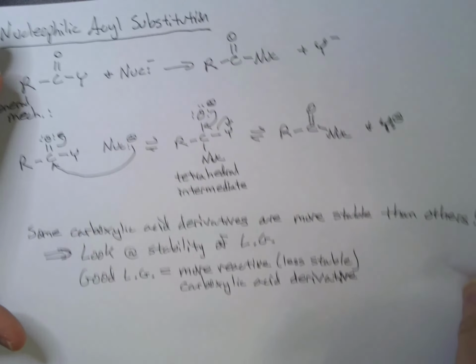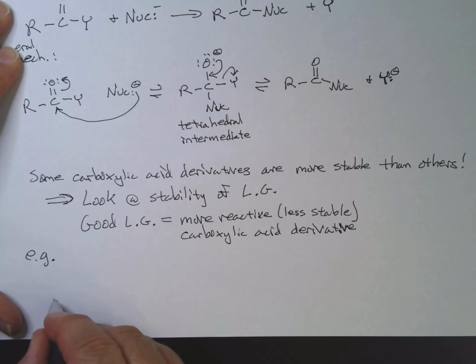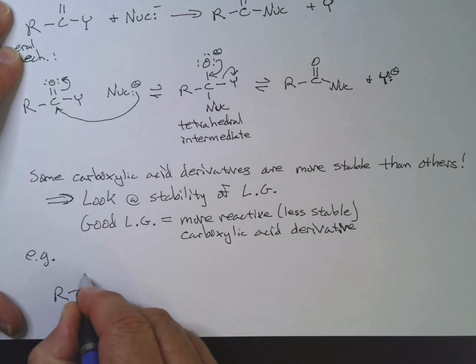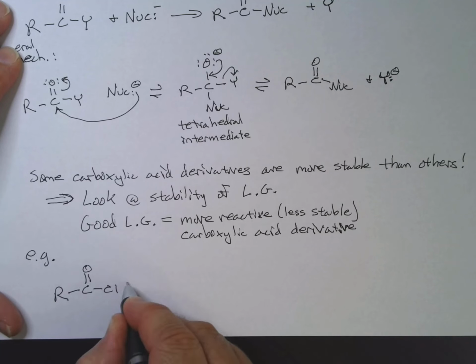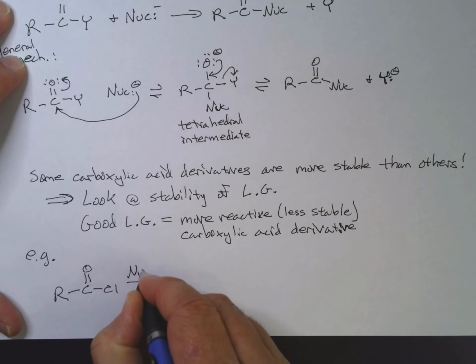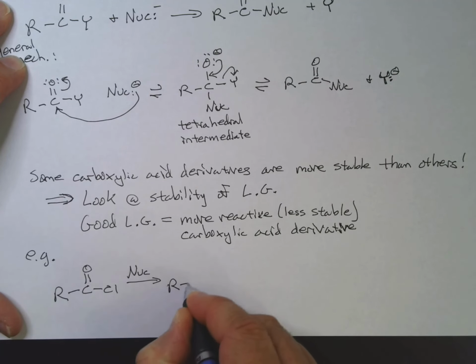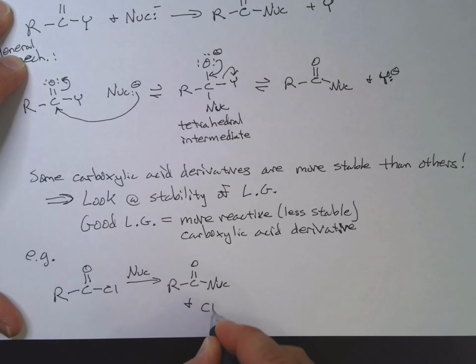So for example, if we took a look at an acid chloride, and let's say we reacted this with some nucleophile, we get RC nuc plus Cl minus.